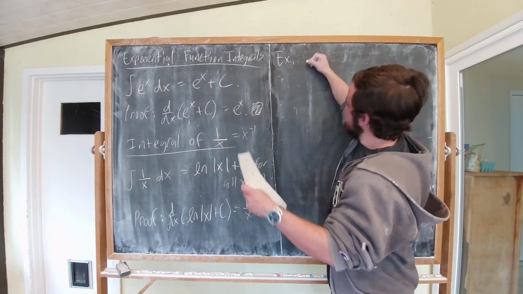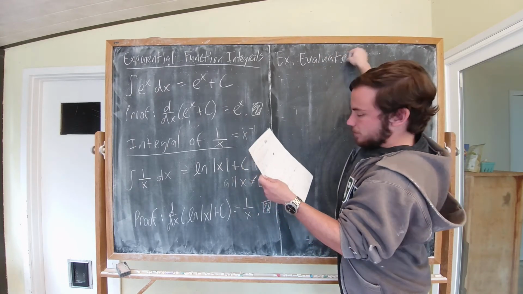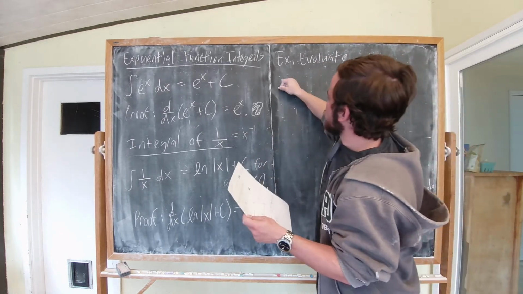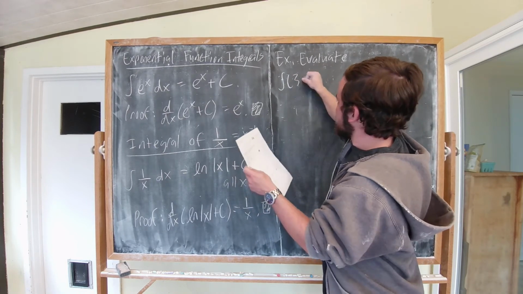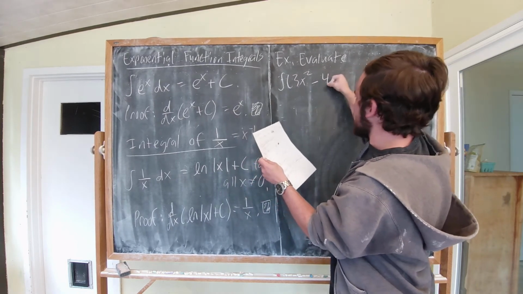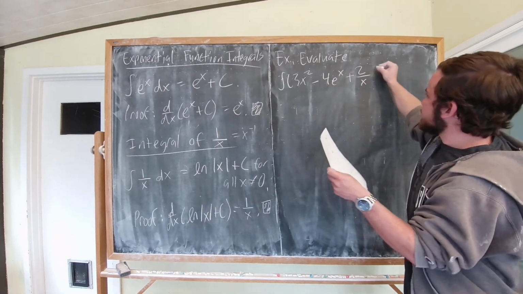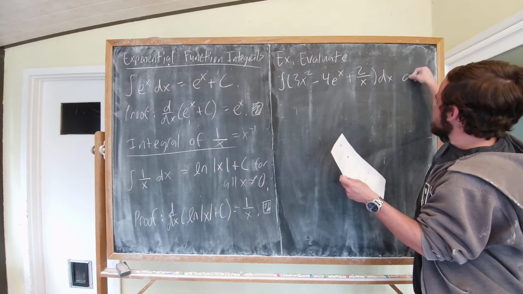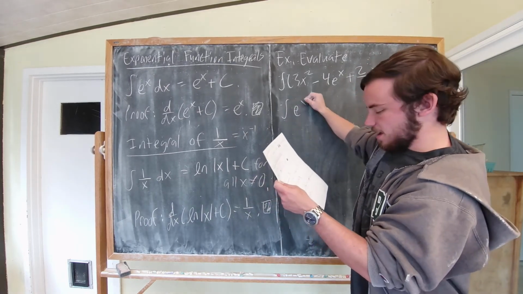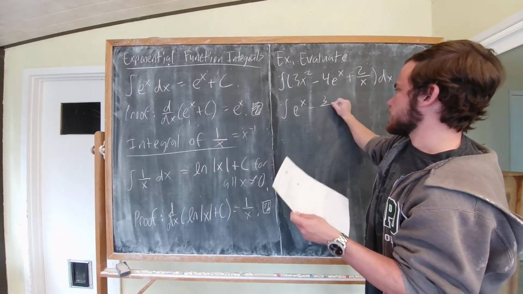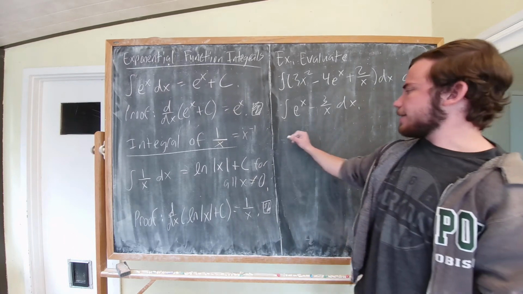Let's evaluate the integral of 3x squared minus 4e to the x plus 2 over x dx, and the integral of e to the x minus 3 over x dx. All right.